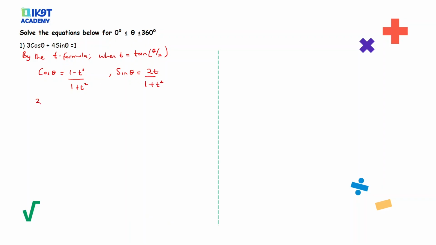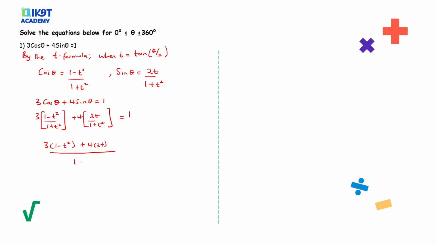So we just substitute them into 3 cos theta plus 4 sine theta is equal to 1. So this is 3 into 1 minus t squared out of 1 plus t squared plus 4 into 2t out of 1 plus t squared is equal to 1. Since it's the same denominator, we can just write it like that.